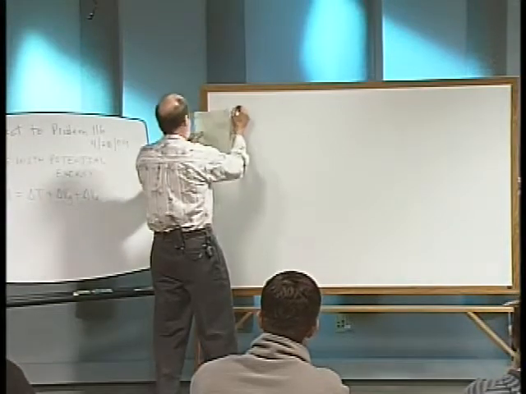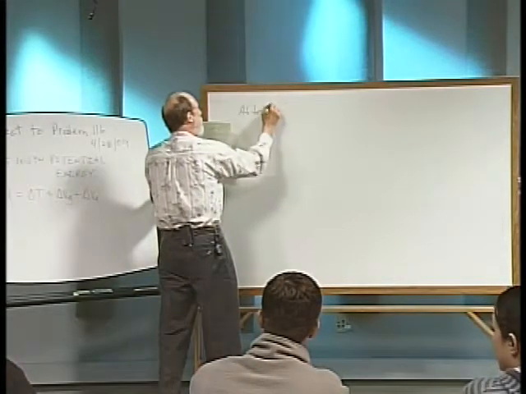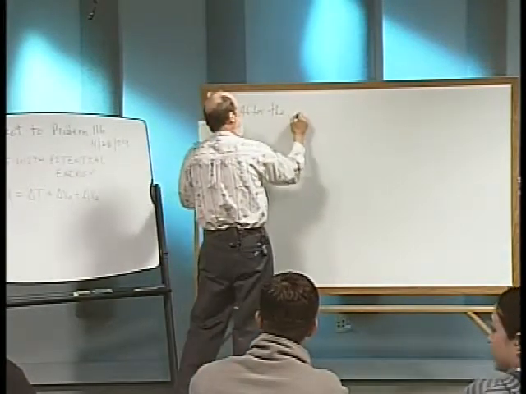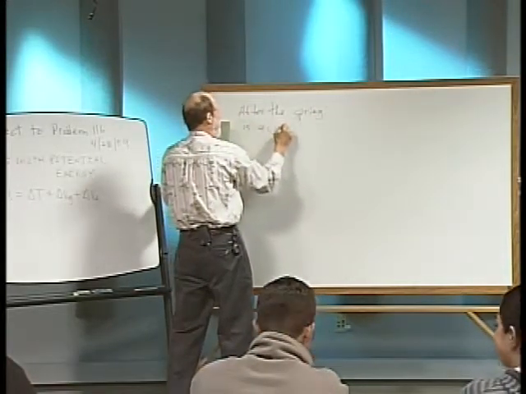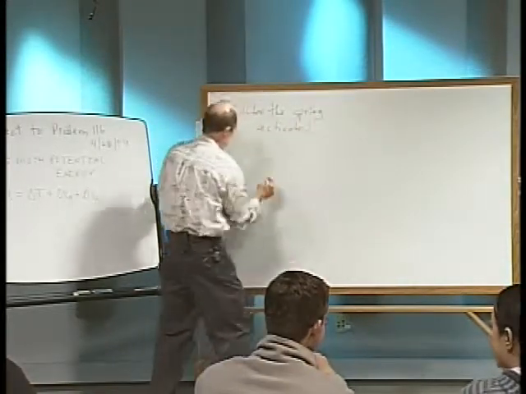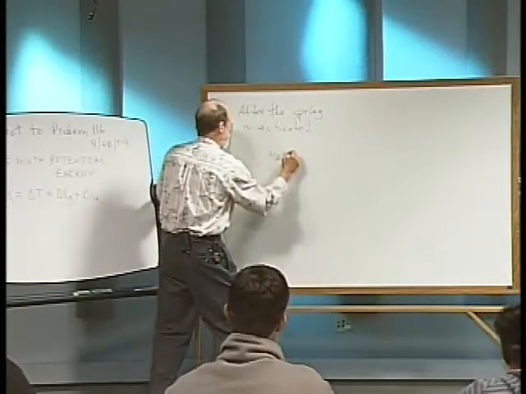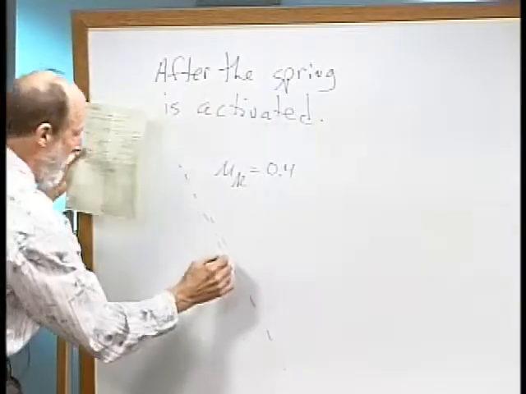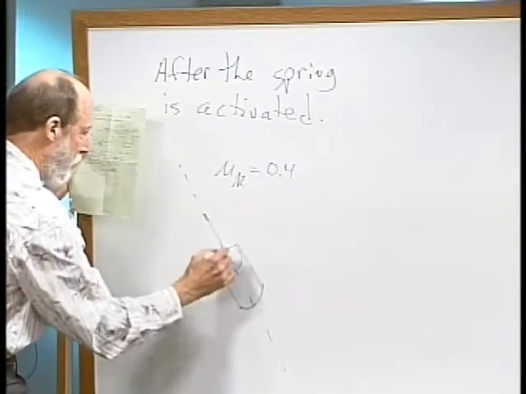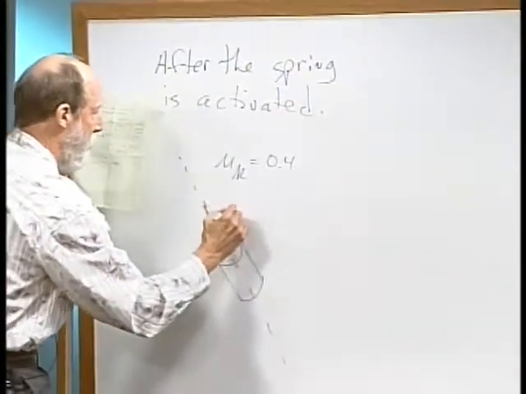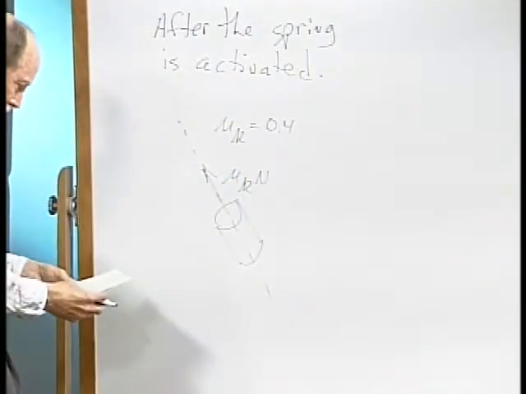so this is after the spring is activated. So what we had is a 60-degree incline with a kinetic coefficient of 0.4, and that cylinder coming down here had a friction force which was equal to mu k times the normal, and I think I worked that up.